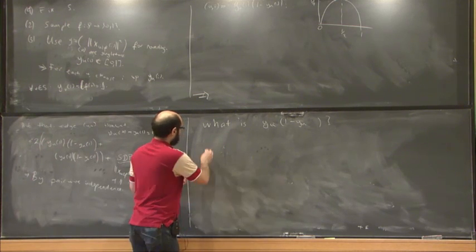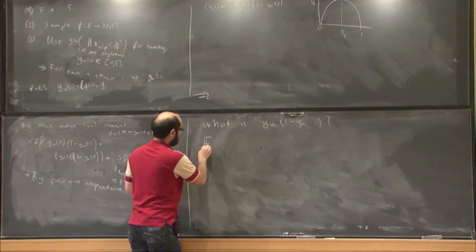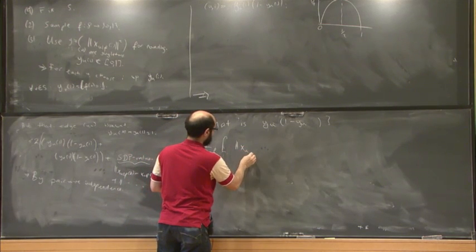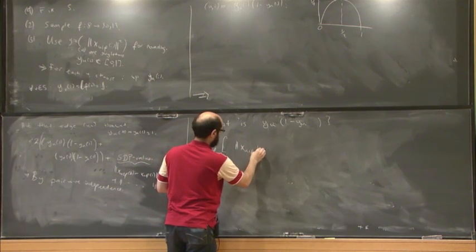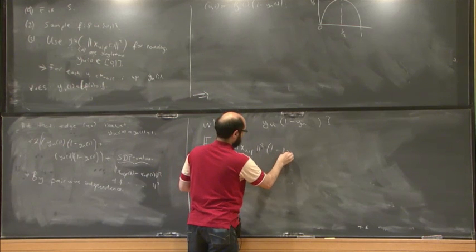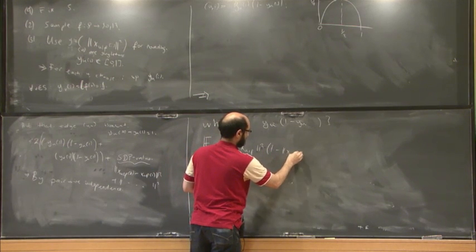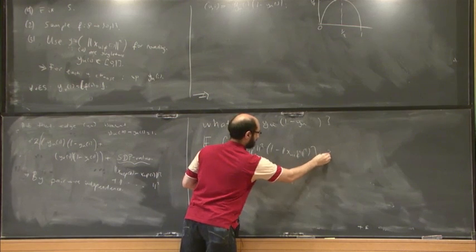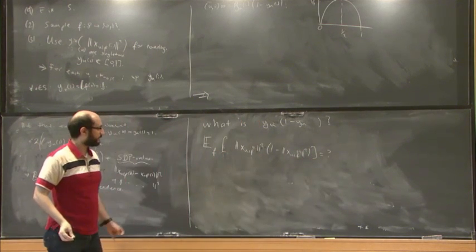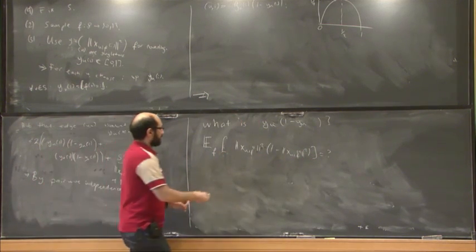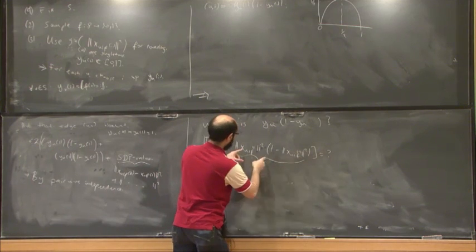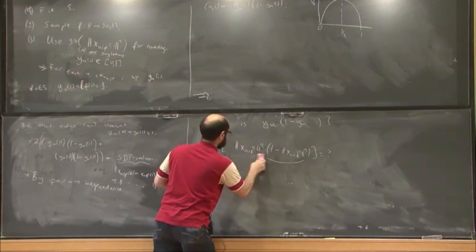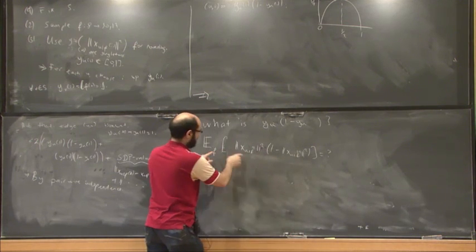So basically we are interested in this quantity, the expectation over f of x_u(f)1 minus this other term, right? Let's see the first part.